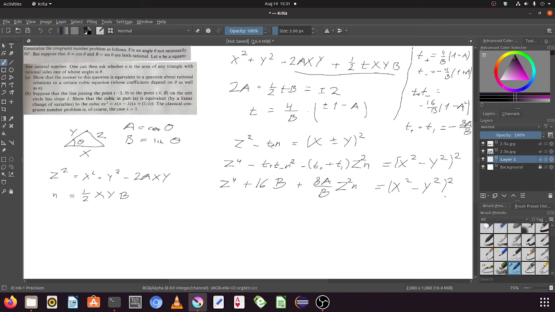So this is one square, x, so this is called v. And 16b.